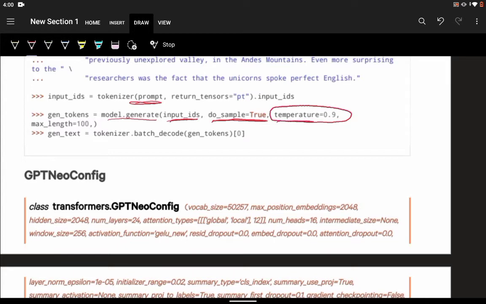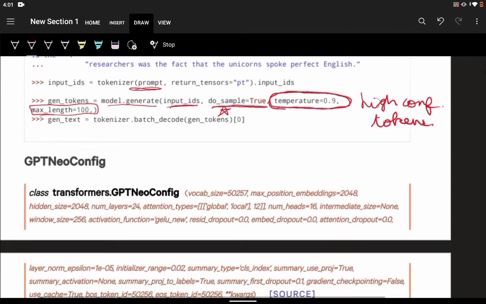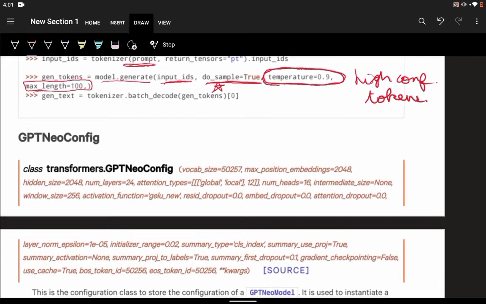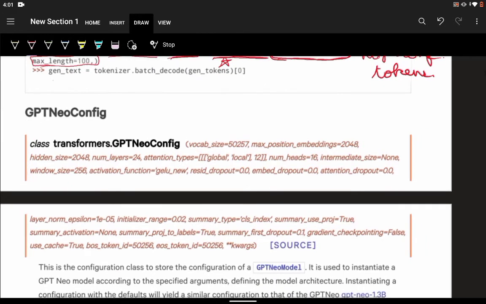This temperature is really important when it comes to how random you want it to be, whether you want the highest confidence tokens to be your input, or do you want to mix it up. This is temperature for you, and max length is obviously how much you want to generate. I'm not really sure about this do sample, so please make sure to check that out, and maybe we'll come across that as we go forward. This is your generated text.